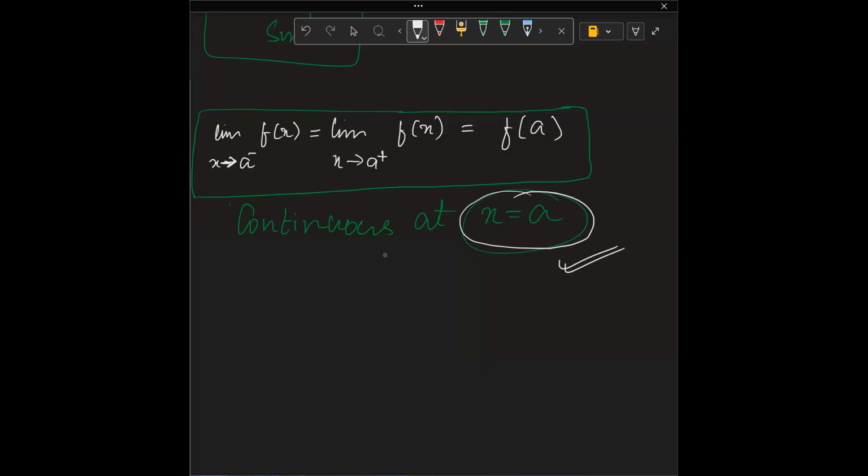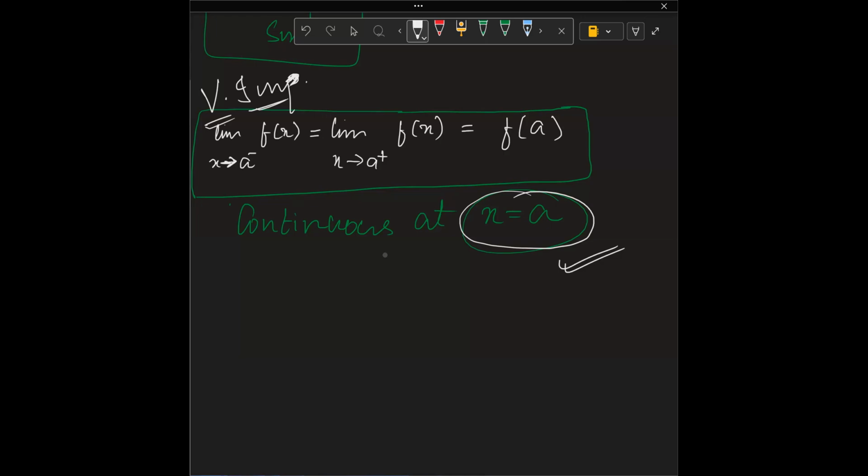So this is very important. Write it down somewhere that this is the condition where you can say that your function is continuous. Limit x tending to a minus means you are not exactly at a, you are a few steps back, so you are approaching from the left hand side.